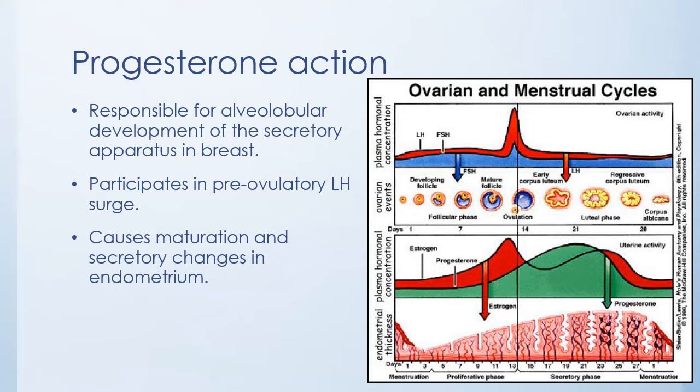And I think this is the main function of progesterone, mainly for the endometrium first. So this is the main one, and then the second that comes after that is its role in the breast.